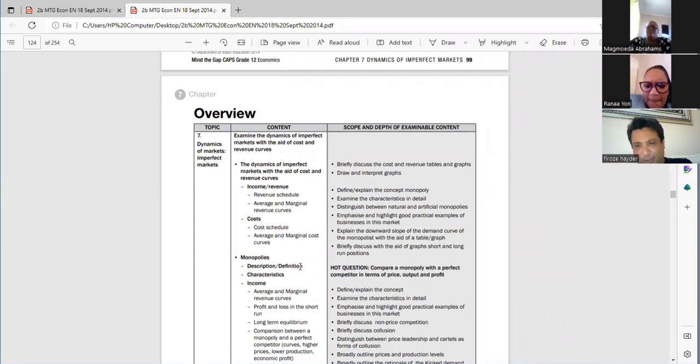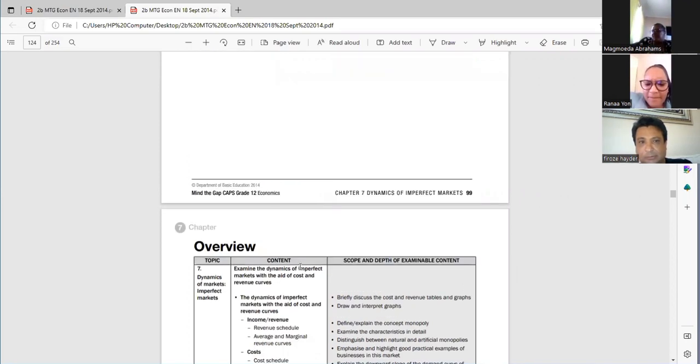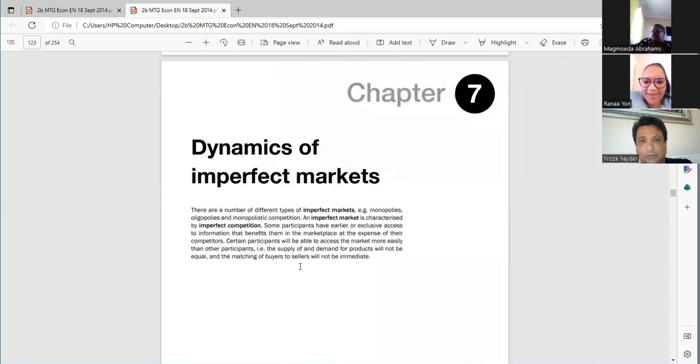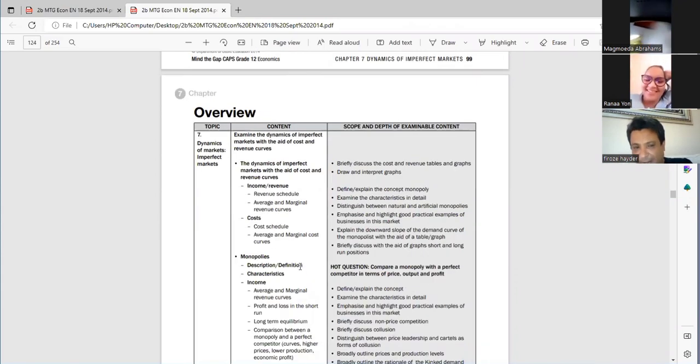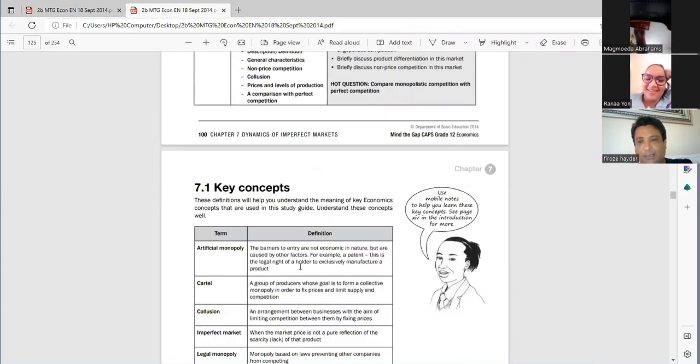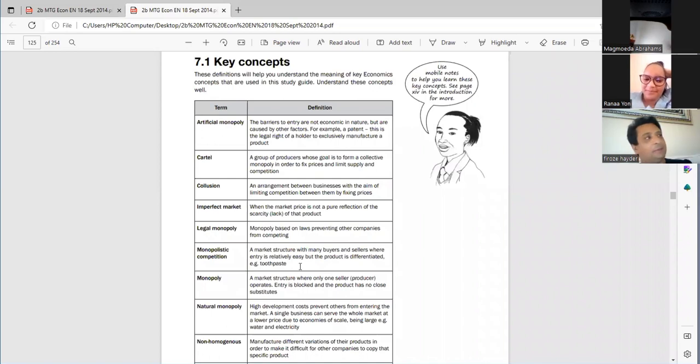Monopoly, what else? Oligopoly, and monopolistic competition. Okay?